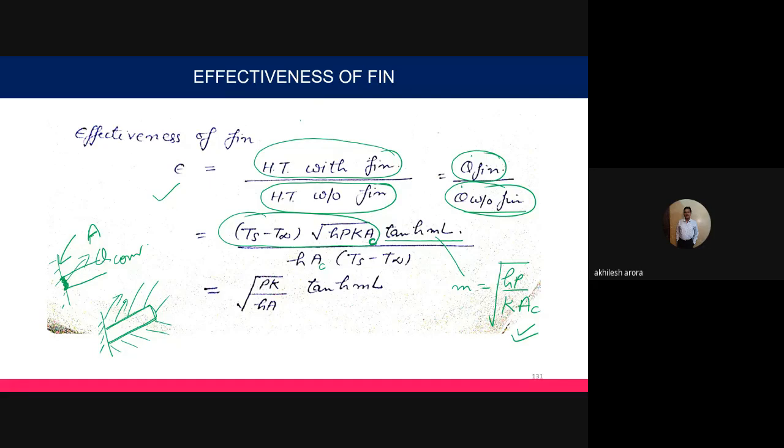From this area the heat loss is equal to h AC into Ts minus T infinity, and we can cancel out certain terms, and we get under root PK by h AC into tan hyperbolic ml. This is the effectiveness of the fin.